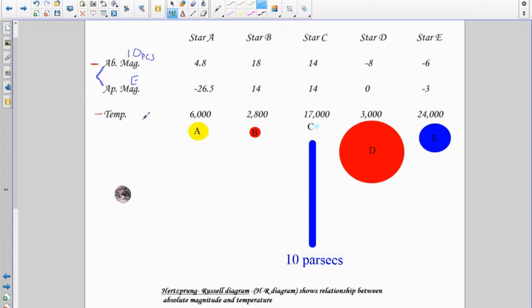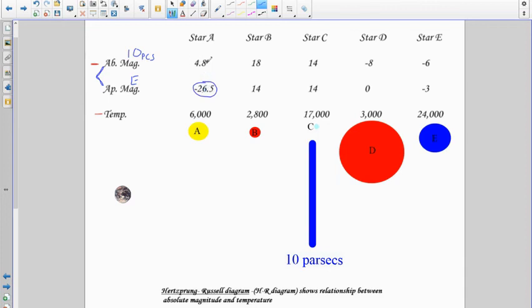So there's a couple of ways to go about doing this. First off, if I look at the apparent magnitude, this is what I'm going to use as my comparison because I'm going to be plotting these stars' distance from the Earth. So a -26.5. Remember that negative numbers are really bright. So a -26.5 is incredibly bright.